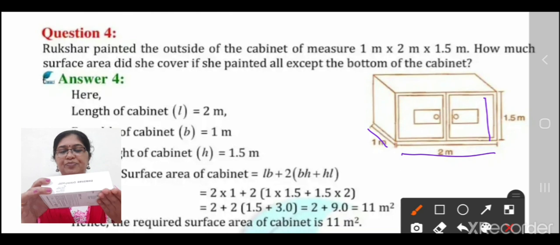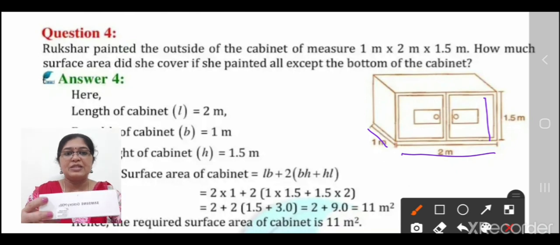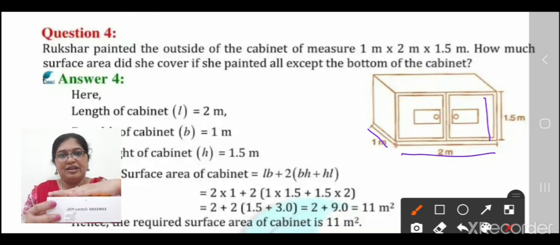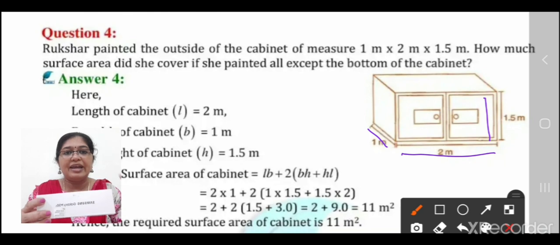She painted all the sides, but where she didn't paint? At the bottom. So total surface area of the cupboard, you know that 2 into LB plus BH plus HL. But here length into breadth only 1 is taken. The bottom part is not taken. So you can't take 2 common outside from all the things.